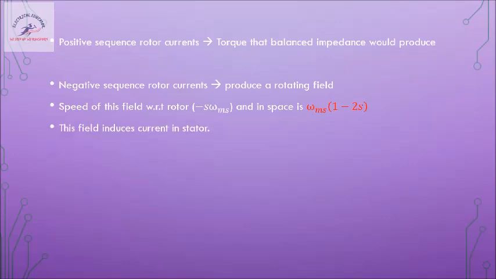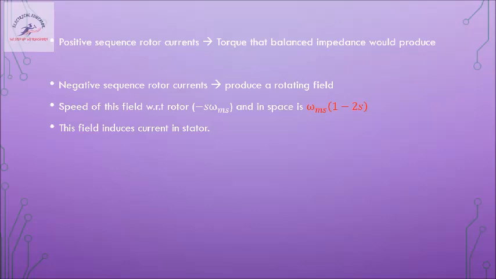Okay, so in the air gap, this negative sequence rotor current will induce a field whose speed is omega_ms into (1 minus 2s). Now, whenever there is a magnetic field and a conductor placed in it, it will induce a current.